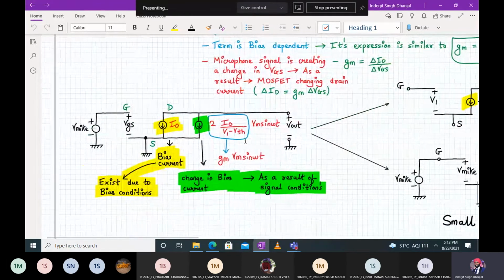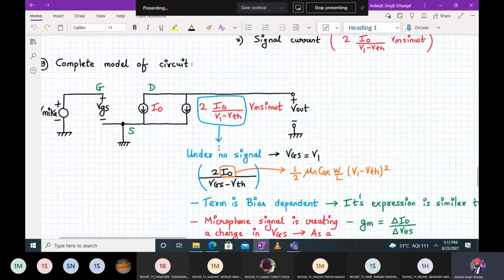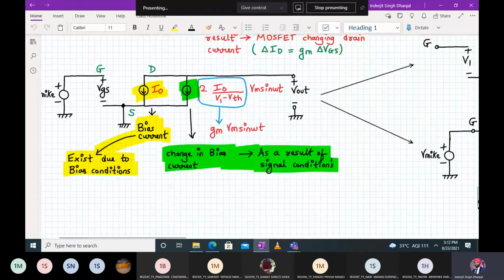So let us come back to this now. I have just marked this with colors. This yellow color is my bias current. It exists because of the bias conditions. This green color is my change in the bias current because of the microphone signal. So the microphone voltage signals are getting converted into this current, which is given by this formula.